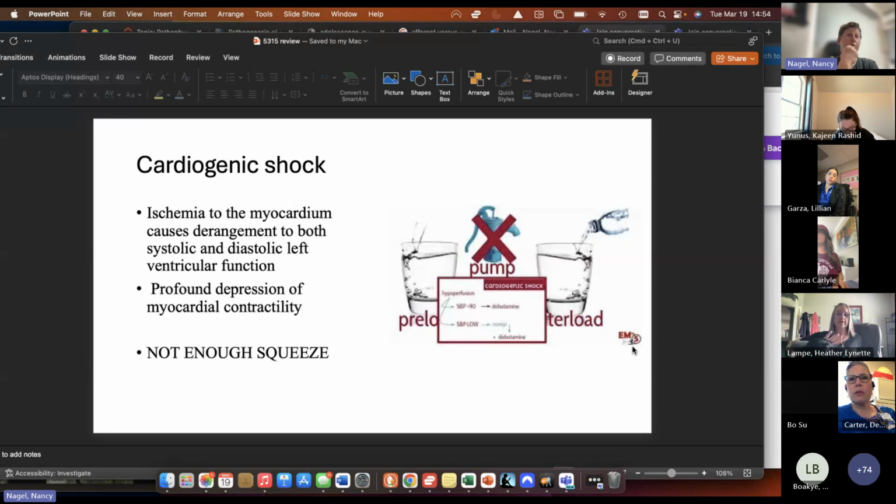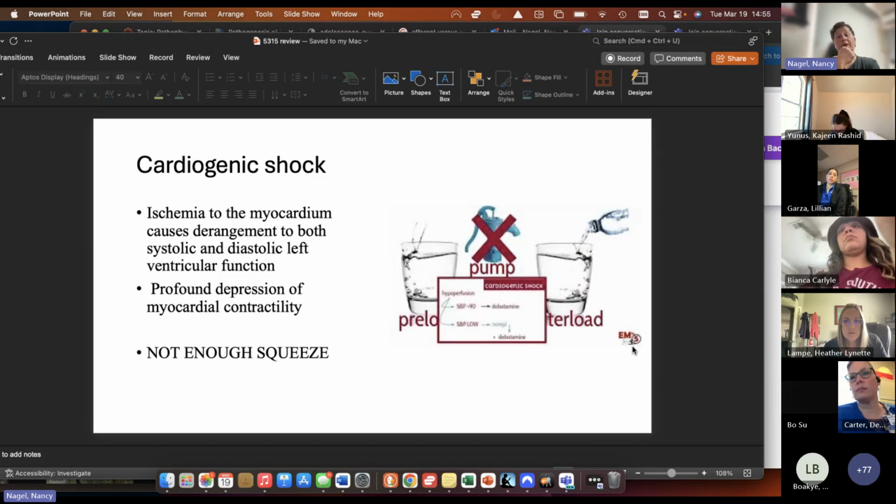So instead of being able to make a fist, maybe they can just move their fingers in just a little bit, if you're somebody that can visualize things. So the pump's not getting the fluid out. Well, what are the things that we have to consider? Well, we have to consider preload. So preload is the amount of volume that we have in our right atria, but it also means how much volume do we have in our system.